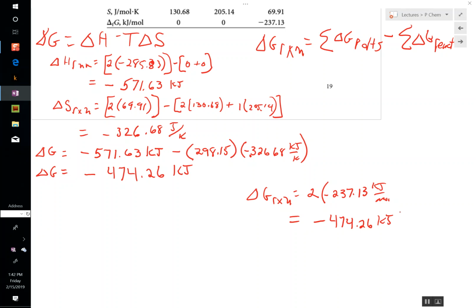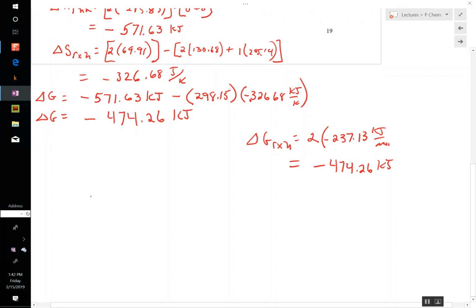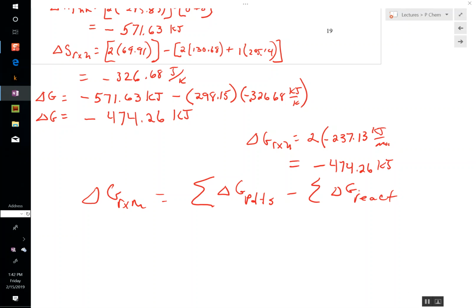But at any rate, all of those are there, and the standard thing for all of these calculations is the sum of the deltas of the products minus the sum of the deltas of the reactants, whether we're doing delta G, or delta H, or delta U, or delta S, it's always products minus reactants.